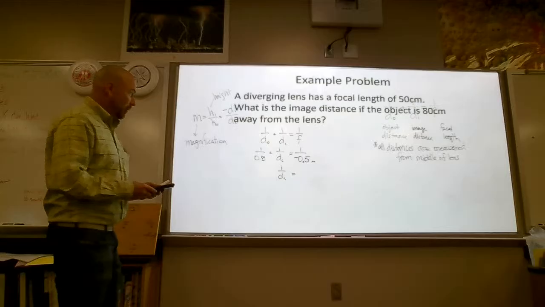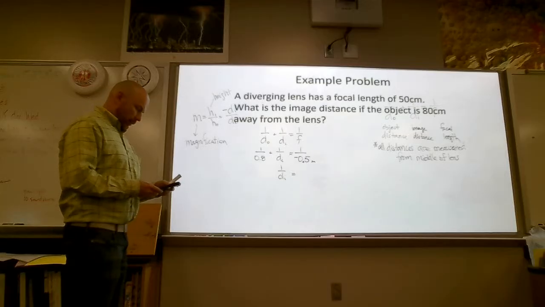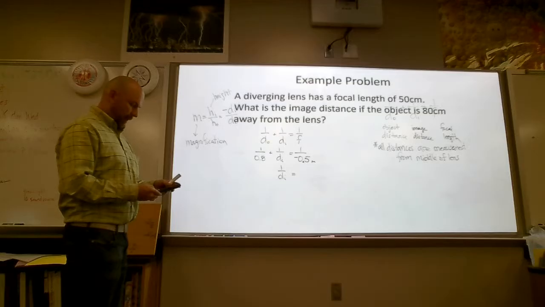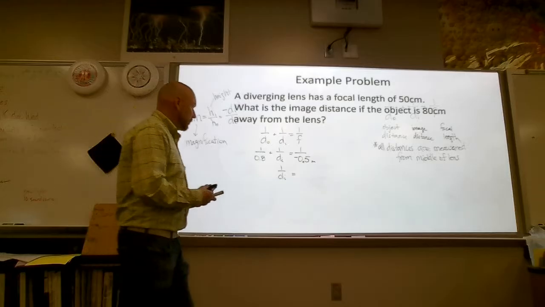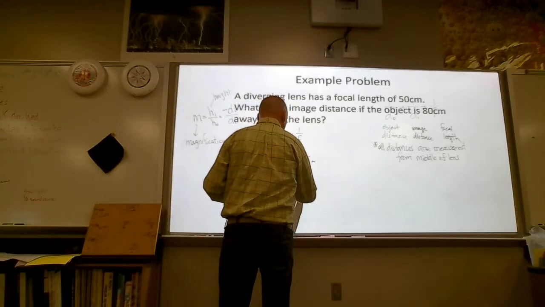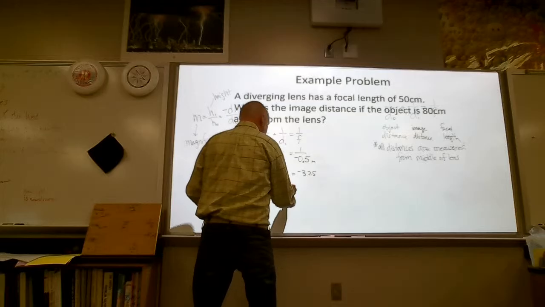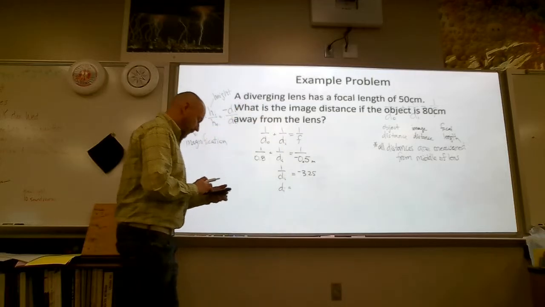So negative 0.5, reciprocal of that, minus 0.8 reciprocal, equals negative 3.25. For the image distance, I need to find the reciprocal of that.